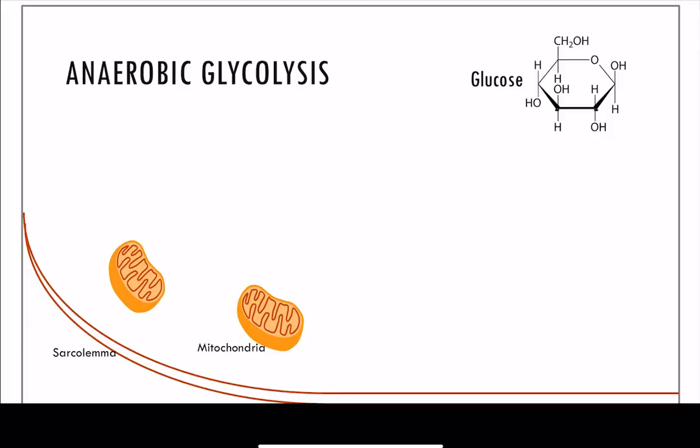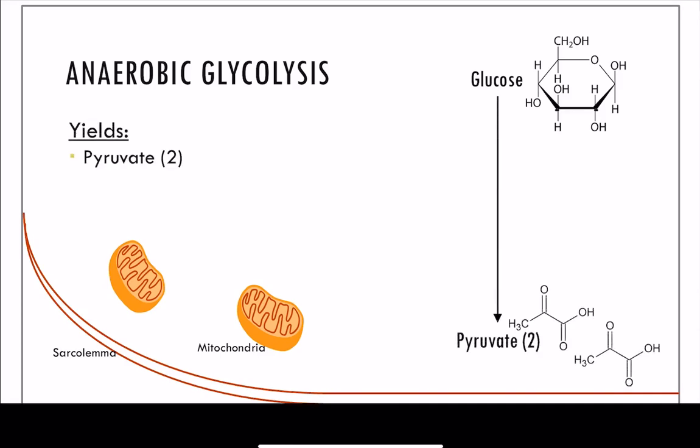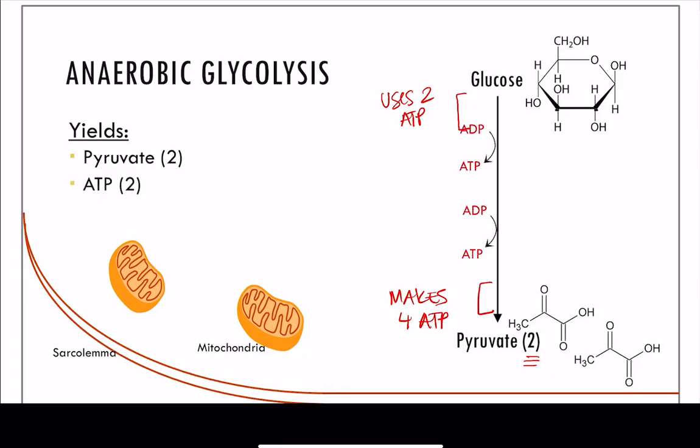So if you go back to your notes on the top of the next page, it puts this together. The entire process of glycolysis, when you take 1 glucose molecule, will ultimately make 2 pyruvate. Because the first half of glycolysis uses 2 ATP, and the end of glycolysis makes 4 ATP, the entire process, when you put it together start to finish, yields 2 ATP.